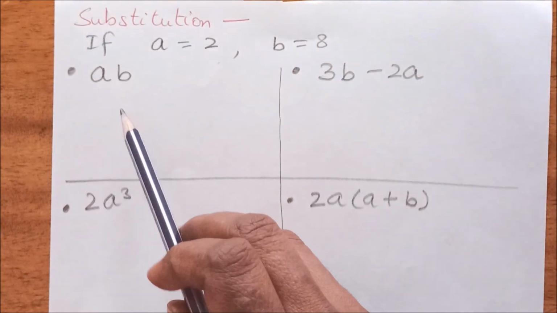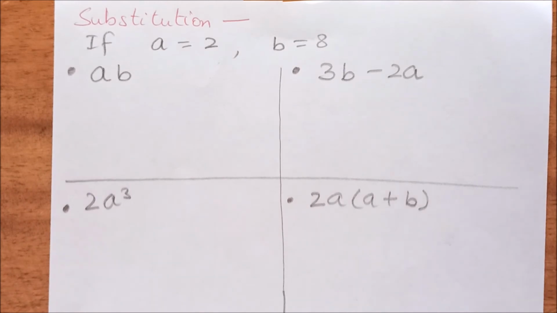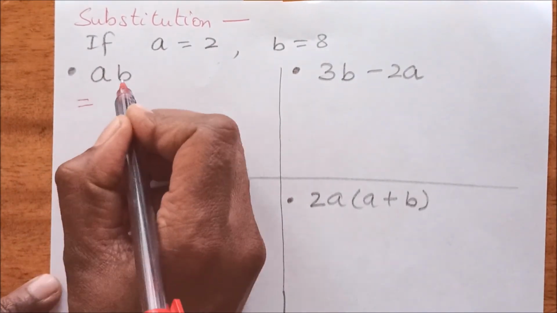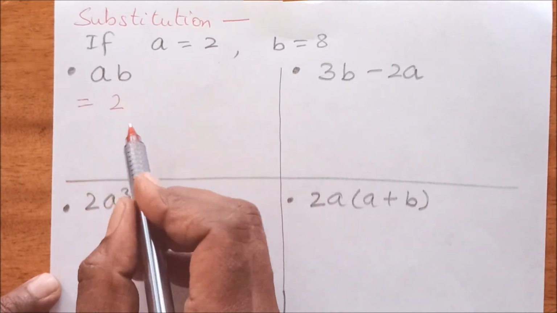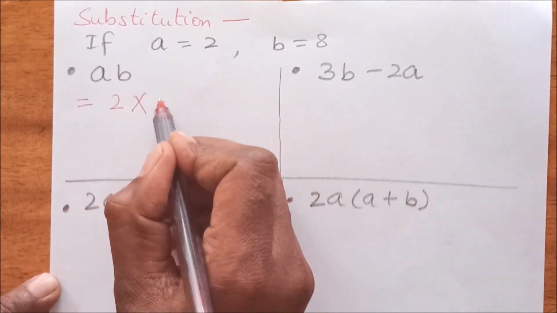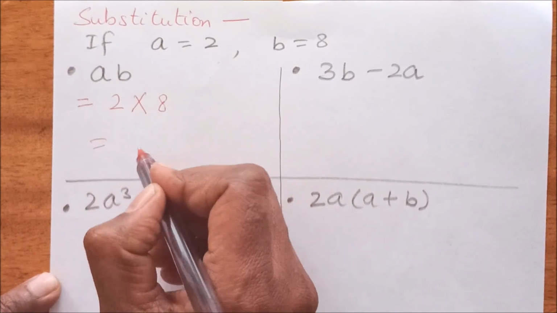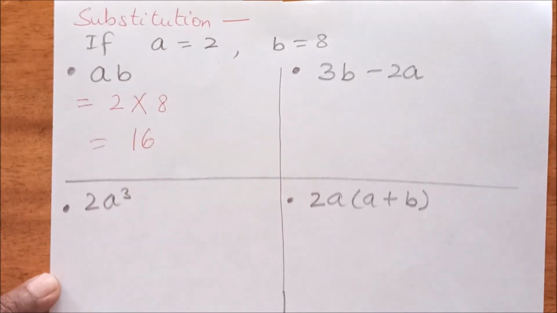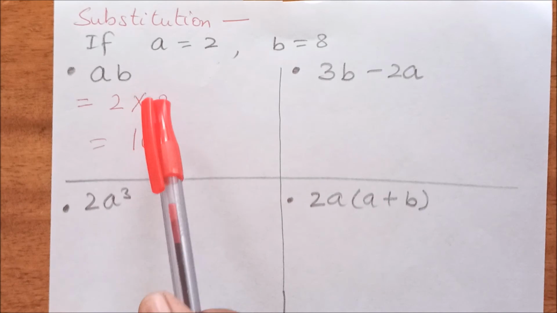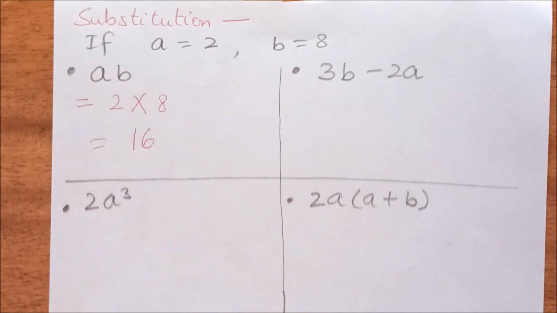What will be the value of ab? a is 2 here, so 2 times b, which is 8. 2 times 8 is 16. So 16 is the value of the expression ab.